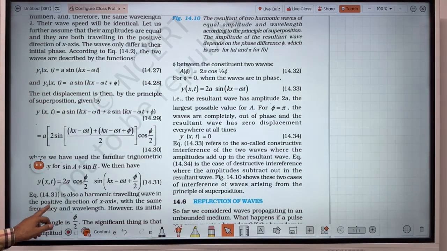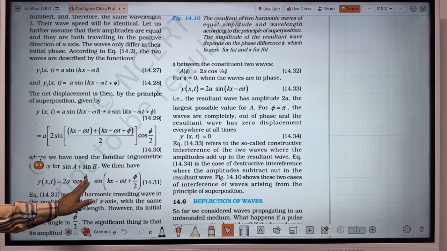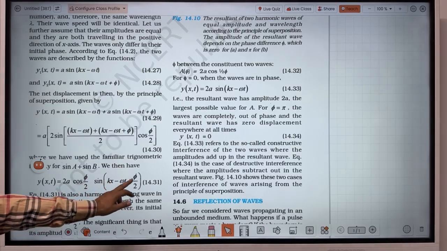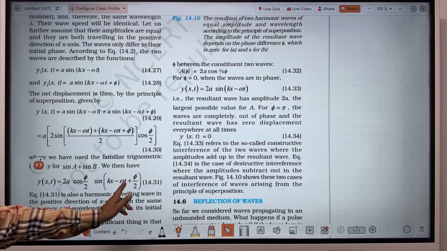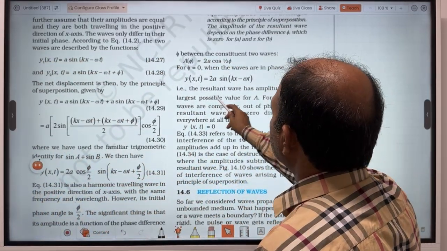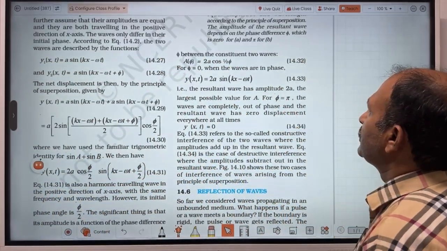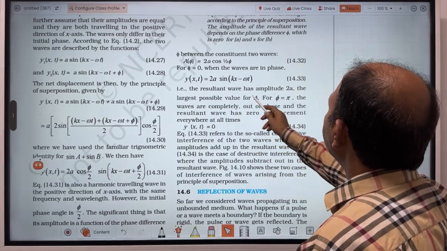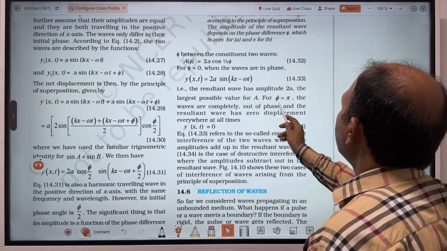So this equation will become 2a times cos 0, which is 1, so 2a sin(kx minus omega t) only, because phi is 0. So we have got this relation, right? The resultant wave has amplitude 2a, the largest possible value.